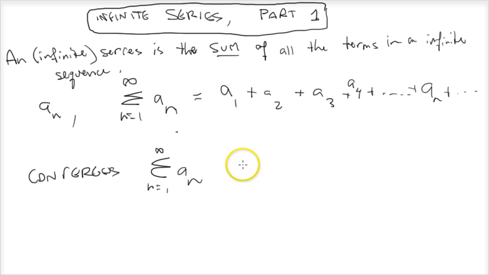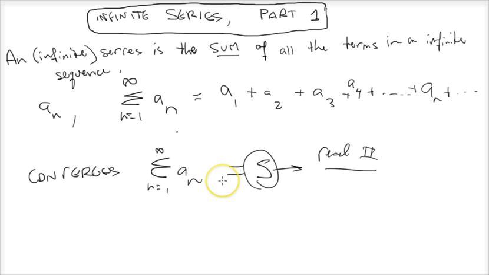We say that this series converges if, when we add all the terms up either in some formulaic fashion or actually by brute force, and you'll never be able to do it by brute force though, but if you're able to add those up, that will equal some s, and that s is a real number.